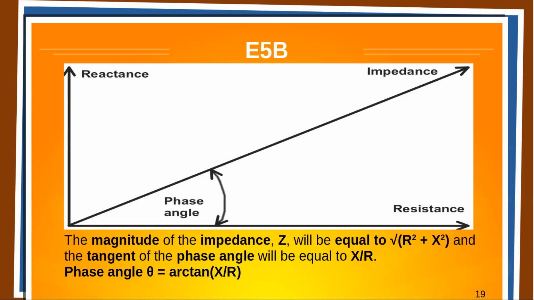If it's capacitive, it's negative, so it'll be in the bottom right quadrant. The magnitude is Pythagorean's theorem, the square root of the sum of the squares of the two sides: the square of the resistance and the square of the reactance. Take the square root and it gives you the length of that vector.